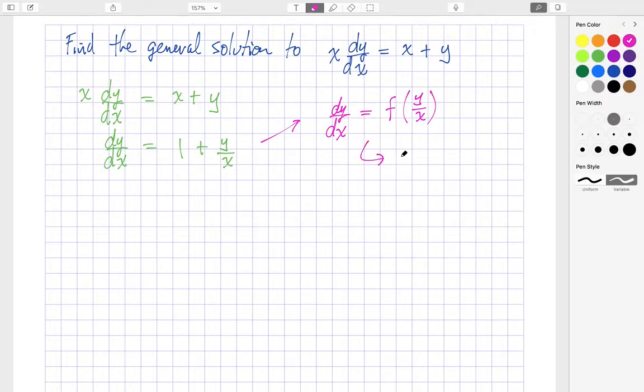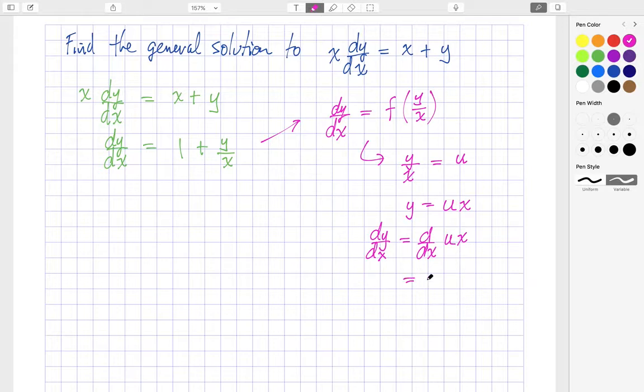And here's how you go about doing it. You take the y over x and you allow it to be some variable which we will call u. Now, the other way to express that is y itself is u times x. All right. So what does that mean? That means that if we were trying to figure out dy by dx, that is the derivative with respect to x of ux.